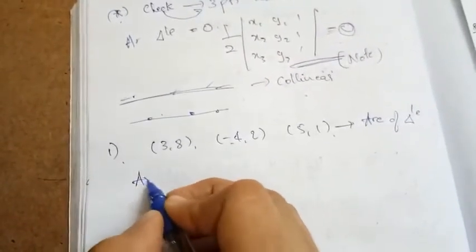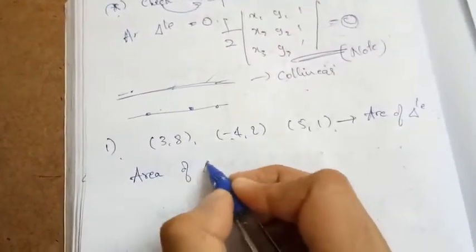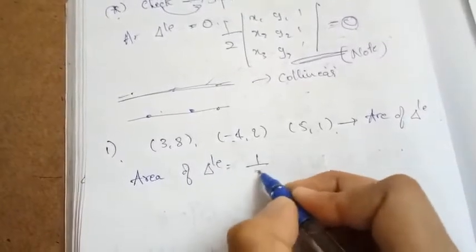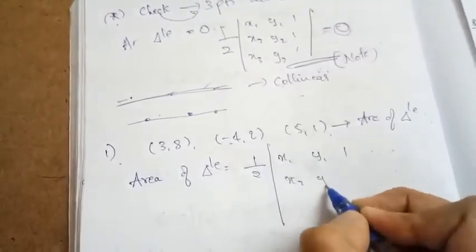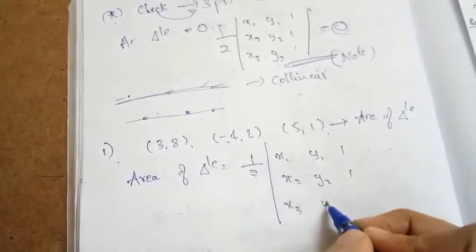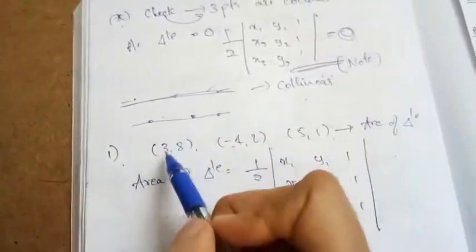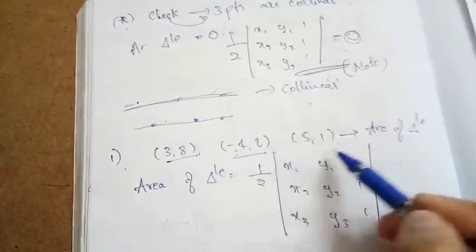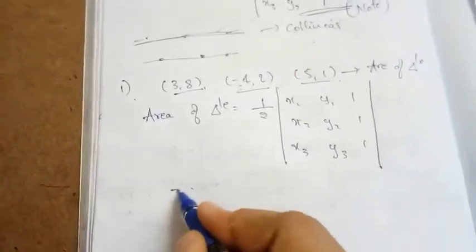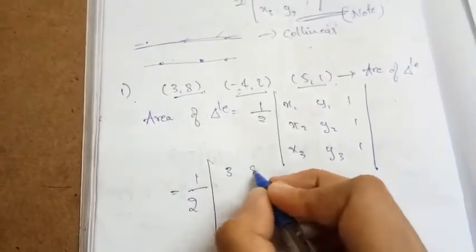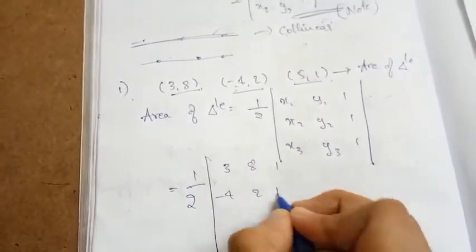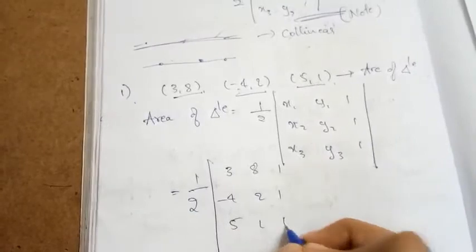We know that in terms of determinants, the area of a triangle is given by the formula half of the determinant x1 y1 1, x2 y2 1 and x3 y3 1. If I call this one x1 y1, this one x2 y2 and this one x3 y3, and substitute in this formula, it becomes 3 8 1, minus 4 2 1, 5 1 1.